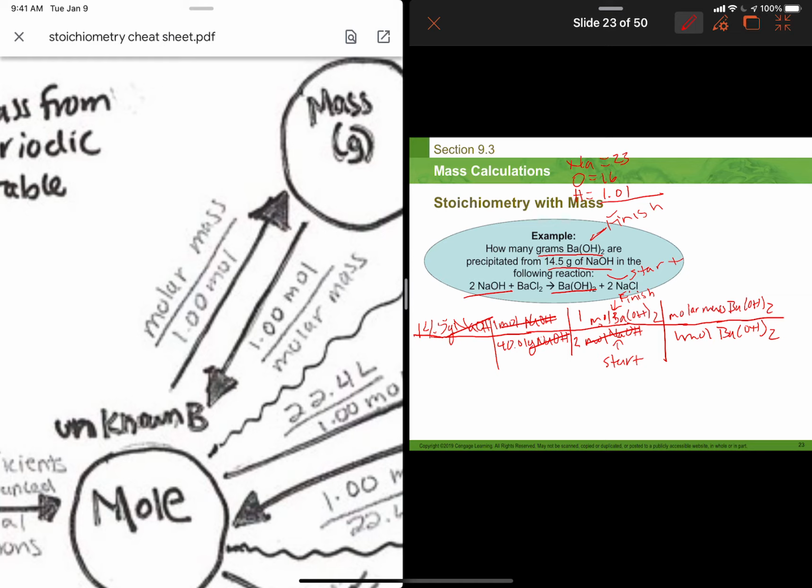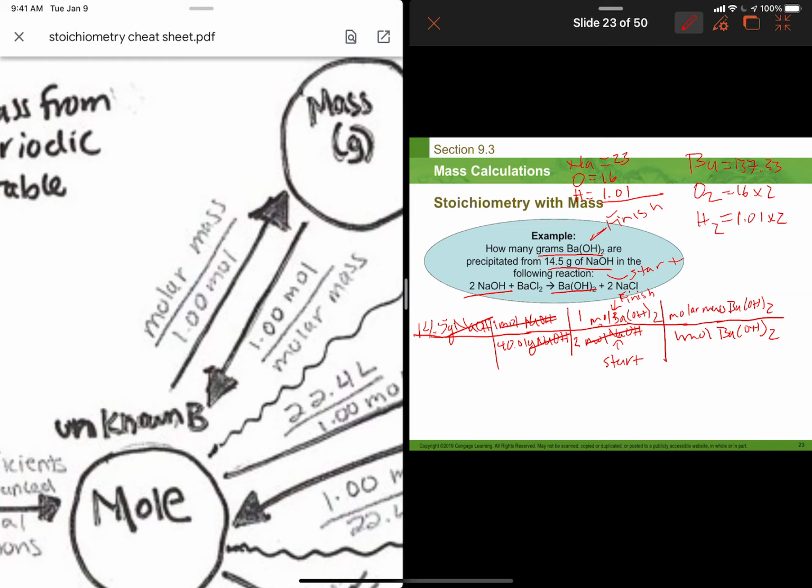And remember, just like we did with the molar mass of NaOH, we have to find the molar mass of Ba(OH)2. But this time, O has 2 and H has 2, because they're in parentheses and a 2 is outside. The only one that only has 1 is Ba. So Ba is 137.33. O is 16, and we have 2, so it's 16 times 2. H is 1.01, and we have 2.